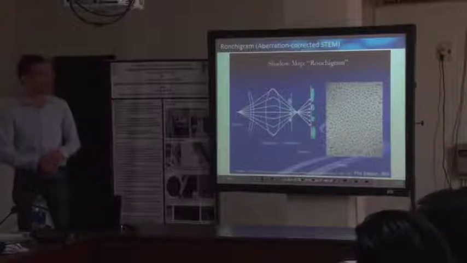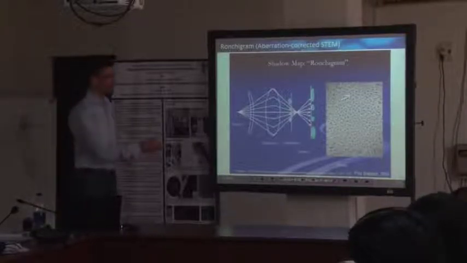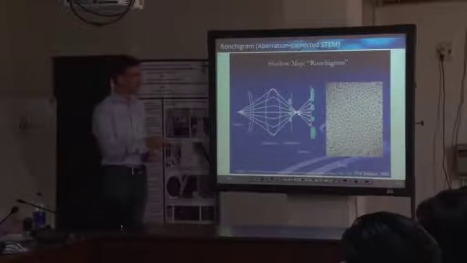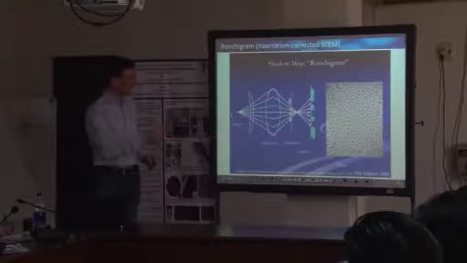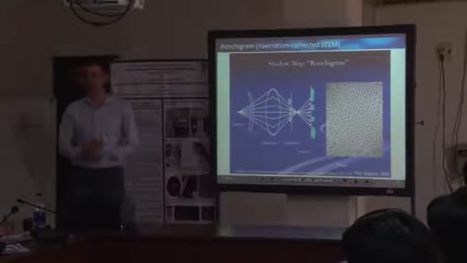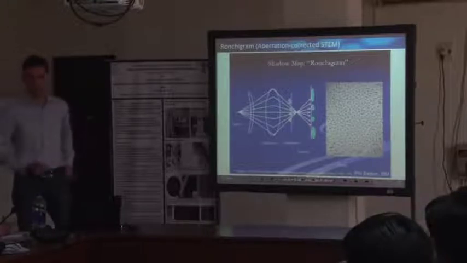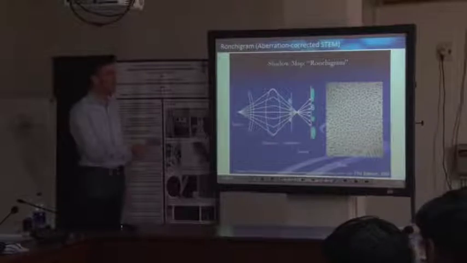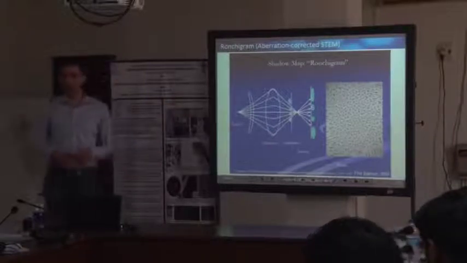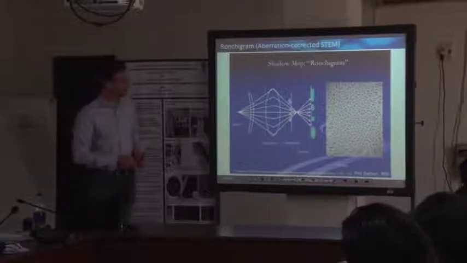So let's come to atomic resolution. You already saw this shadow image. This is far defocused, and as we know, we use this very complex electron optical system to compensate for a positive CS value, and here we want to get CS very small.